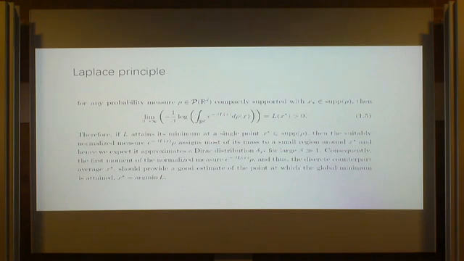If you take e to the minus beta L, integrate against rho, the law of x, take a logarithm and divide by beta, then the limit as beta goes to infinity is the minimum value of L. That's called the Laplace principle, which is an important tool if you want to approximate an integral, also from large deviation theory. So from here you see that this choice of Gibbs distribution allows you to get to the global minimum of this function.